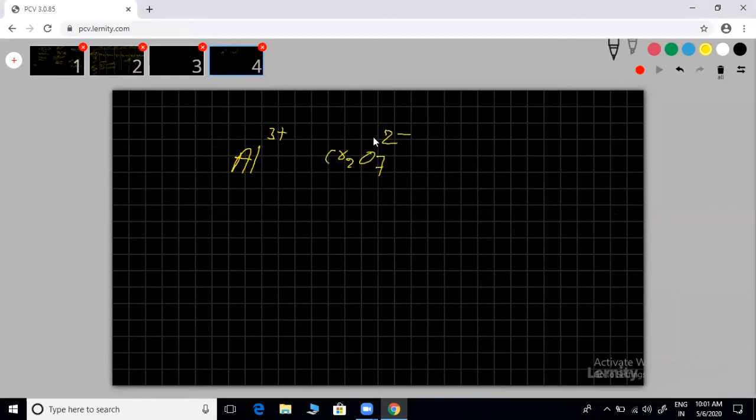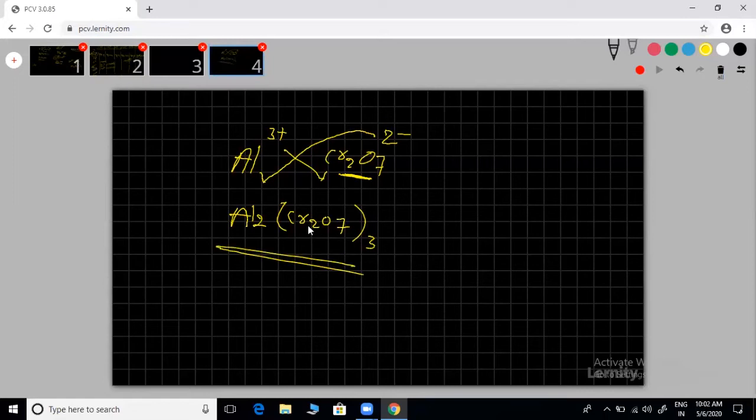Just crisscross: the number for aluminum is 2, for dichromate 3. Whenever a compound like this comes, keep it in brackets, Al2(Cr2O7)3. Write the number outside the bracket. If it is 1 you don't need to write it, but anything else you have to write. This is aluminum dichromate. I'm using di because here there are 2 chromium.